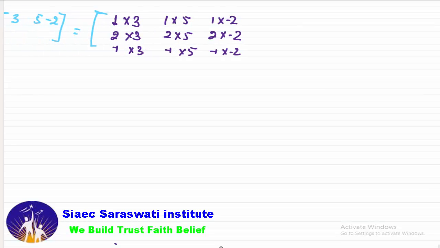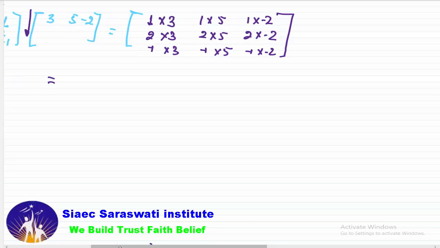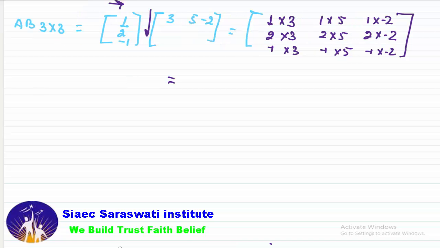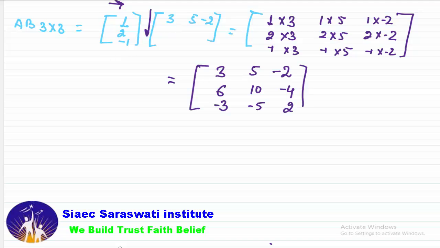So the final answer will be 3, 5, minus 2; 6, 10, minus 4; minus 3, minus 5, plus 2. This is the answer.